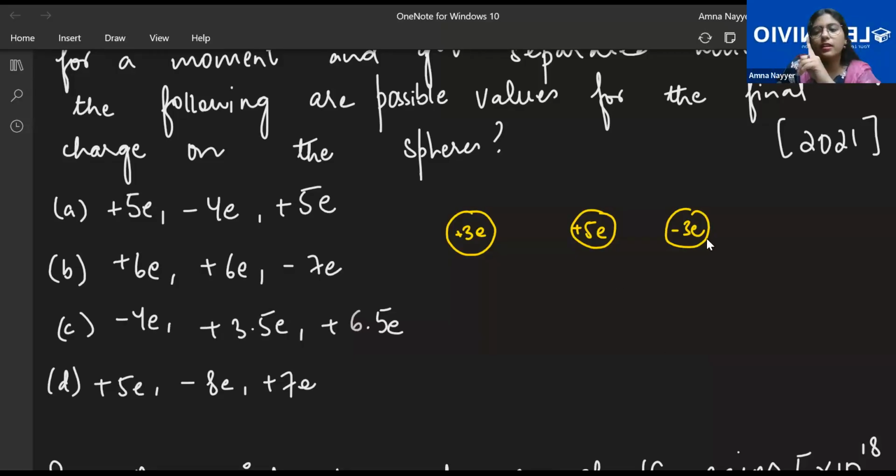Plus one thing before we begin, for which method of charging is it if they are brought in contact and they are getting separated? Three methods we did. Charging by friction, charging by conduction, charging by induction. Which one is it? Hmm? Charging by conduction, class. We've done it multiple times now.